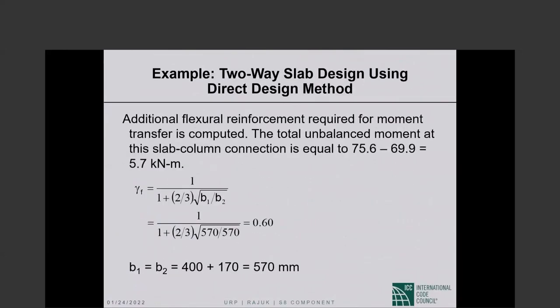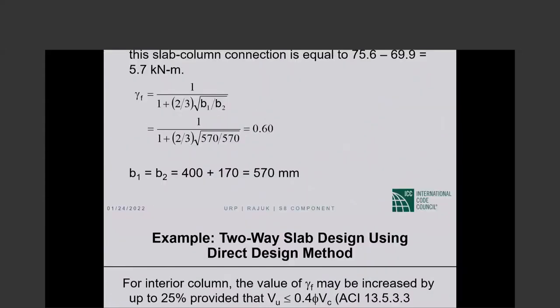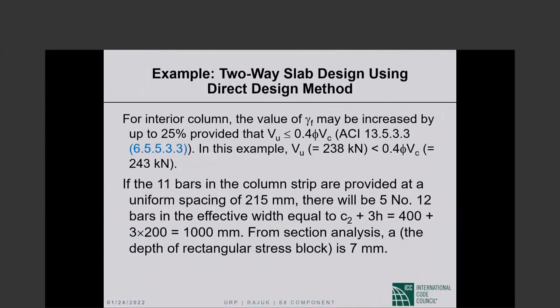So we said 11 number 12 bars in the entire column strip. If the 11 bars in the column strip are provided at a uniform spacing, the spacing then will come to 215 millimeters, 10 spacings, and 2150 is the total width.